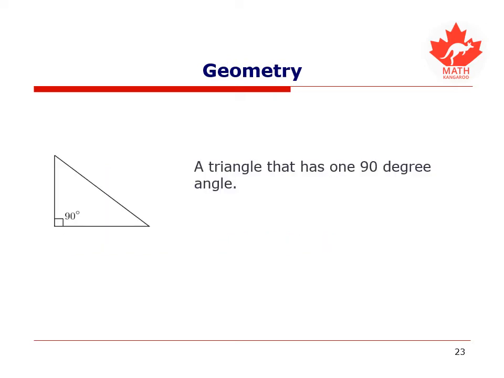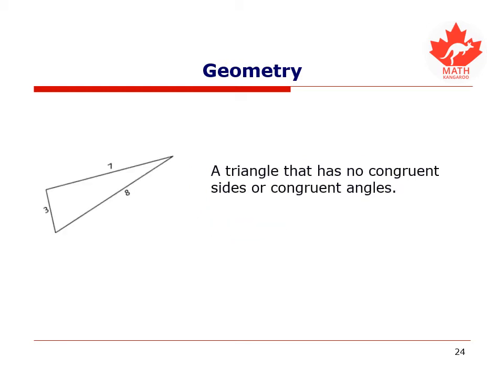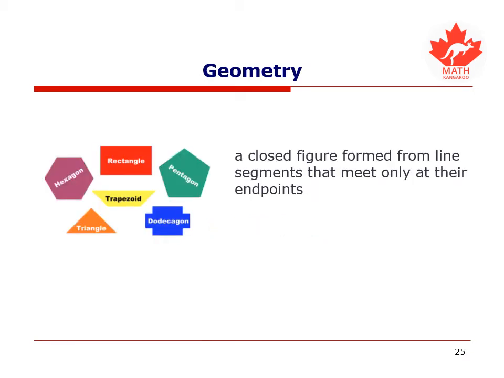A triangle that has one 90-degree angle. Right triangle. A triangle that has no congruent sides or congruent angles. Scalene triangle. A closed figure formed from line segments that meet only at their endpoints.